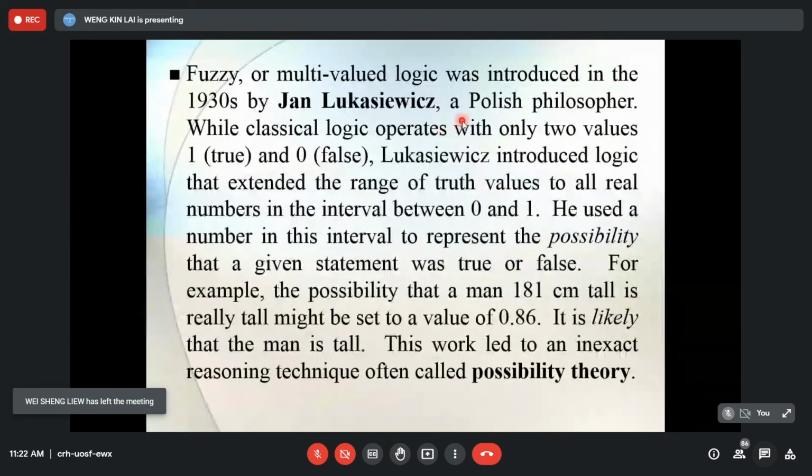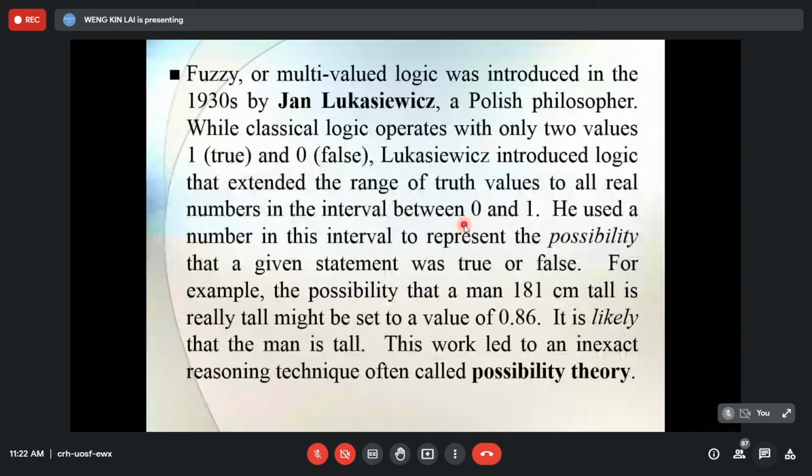So this Polish philosopher introduced logic that extended the range of truth values to all real numbers in the interval between 0 and 1. So it's no longer just 2, but all the real numbers in this range of 0 and 1.